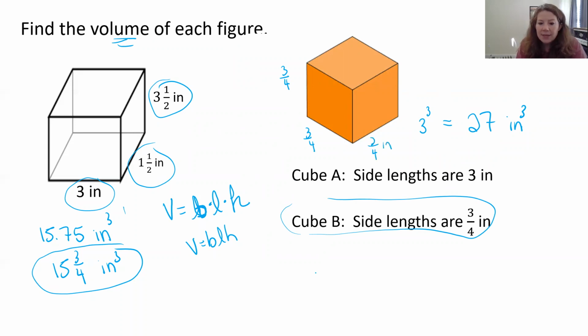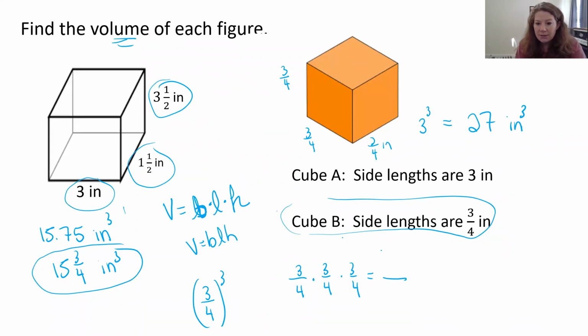Well, I'm going to do the same thing, guys. I'm going to say 3/4 times 3/4 times 3/4, which is the same thing as 3/4 cubed, right? In my calculator, I can make this super easy. What's 3 times 3 times 3? I already know that's 27.